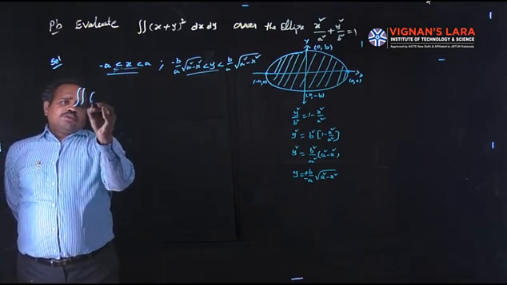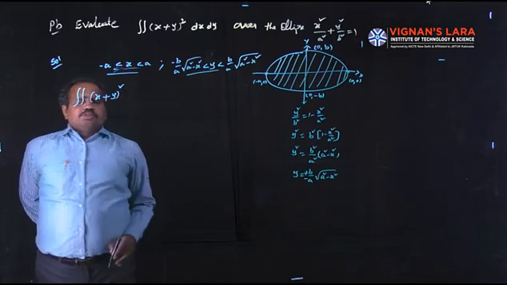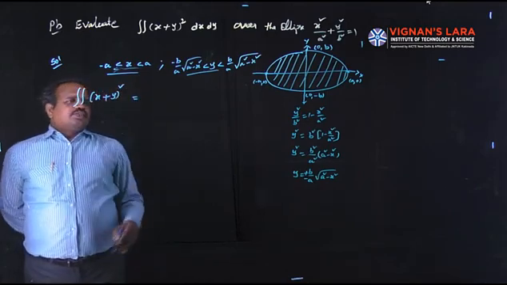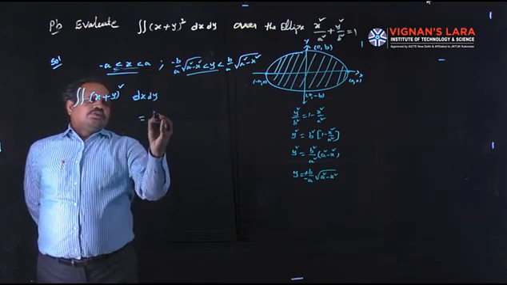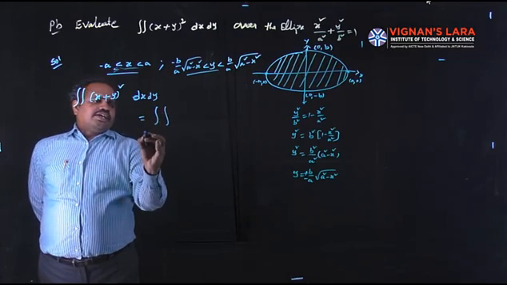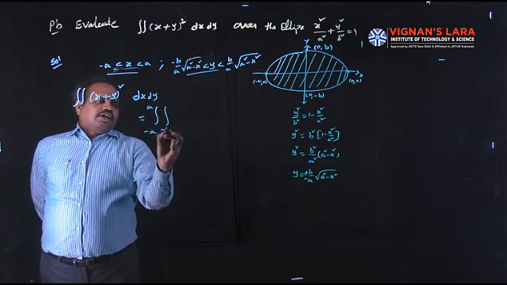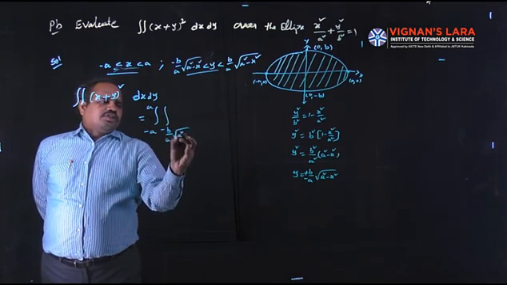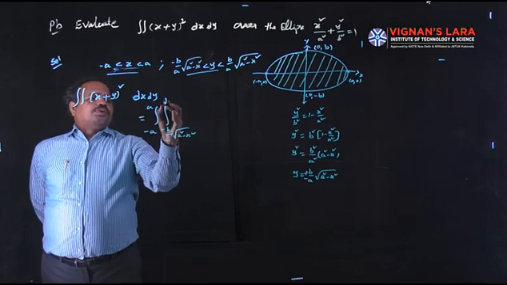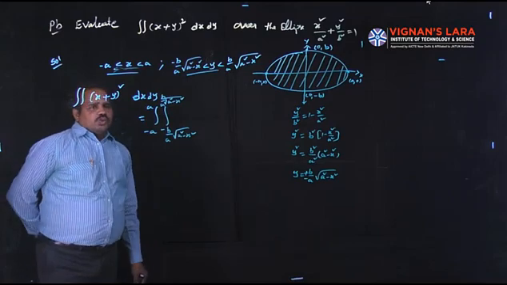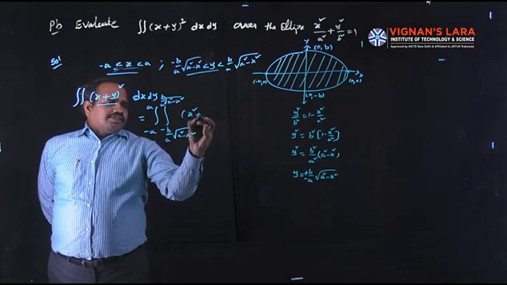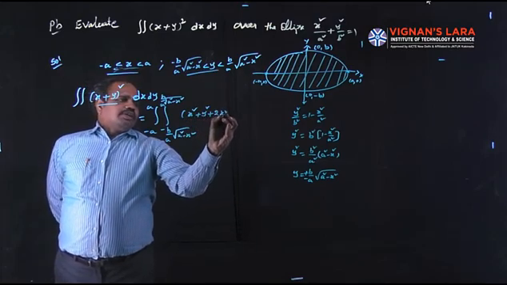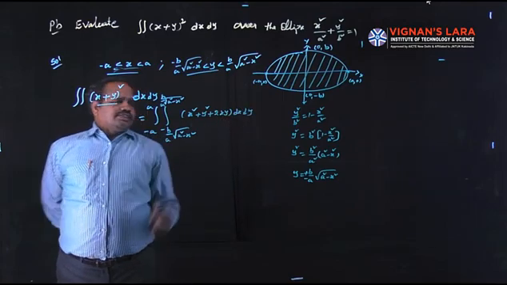So take the given problem, double integral (x plus y) whole square dx dy, which is equal to double integral with x limits minus a to a, y limits minus b by a under root of a square minus x square to plus b by a under root of a square minus x square, (x plus y) whole square. What is the expansion of (x plus y) whole square? x square plus y square plus 2xy into dx dy.